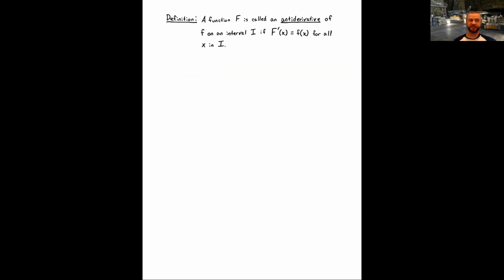All right, the definition says, a function, capital F, is called an antiderivative of little f on an interval if capital F prime equals little f. So basically what this says is one function is an antiderivative of another if it satisfies a certain statement about derivatives.